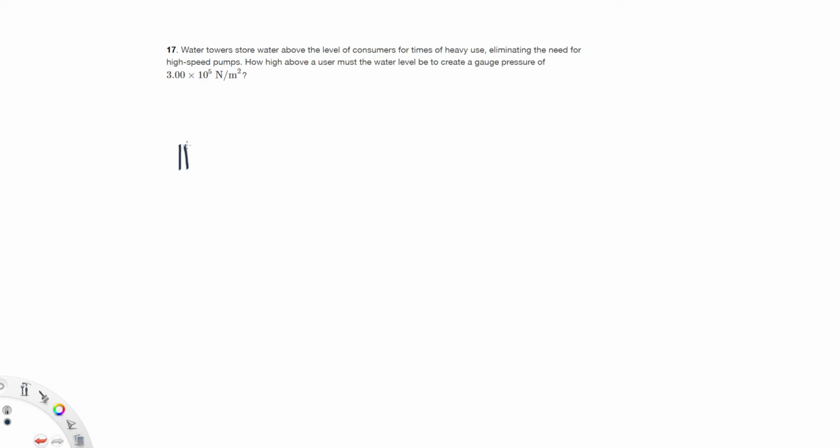So if we have a water tower, like so, and pretend this is an actual square. If we want a gauge pressure down here of 300,000 pascals.